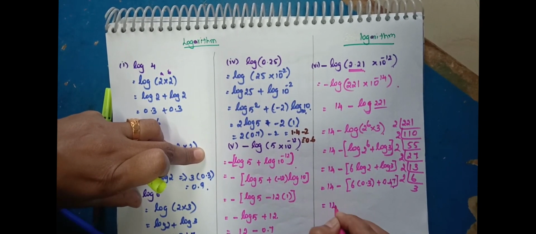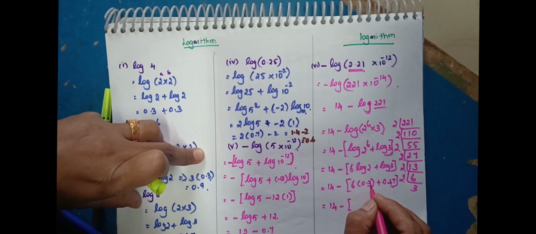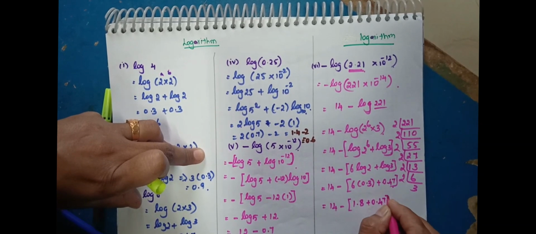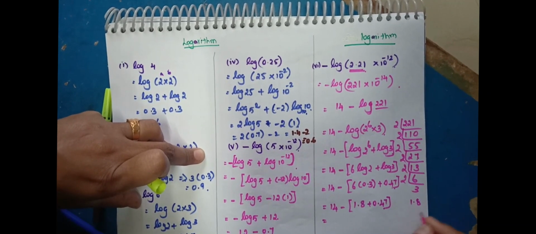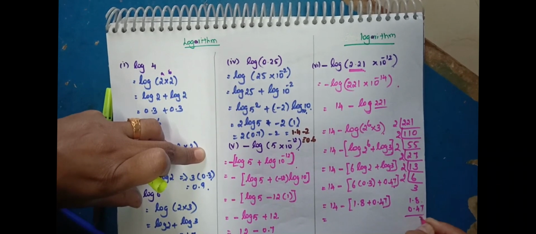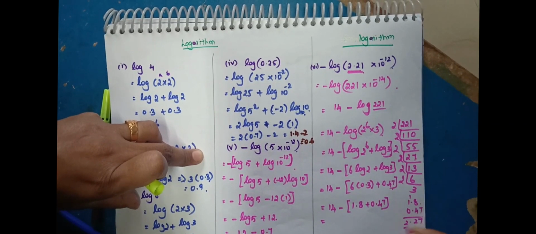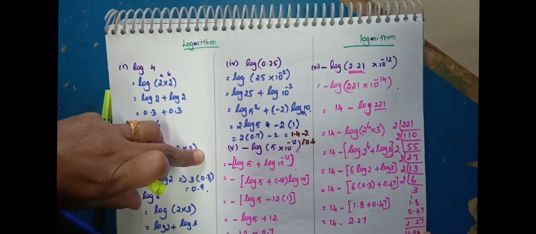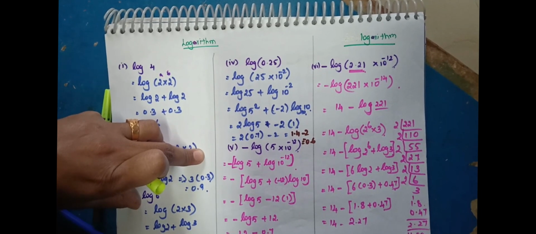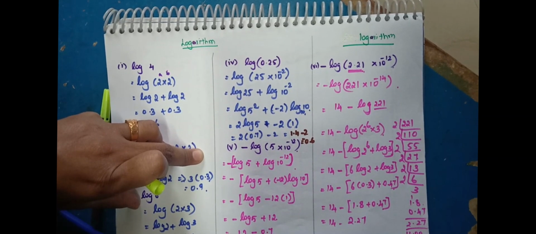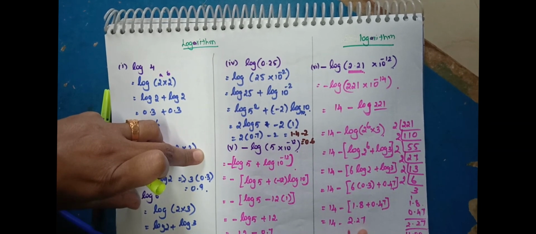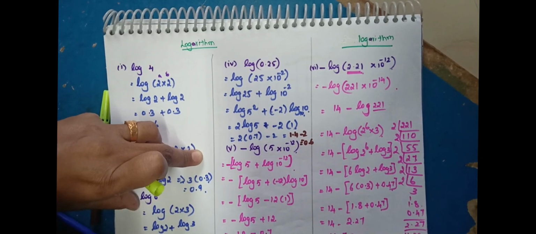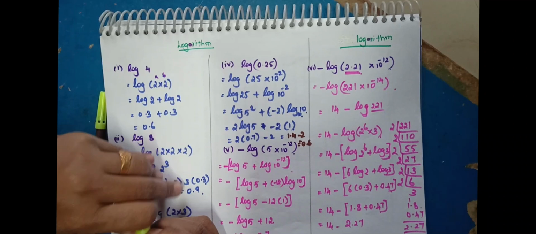Now 14 minus 6 into 0.3 is 1.8, plus 0.47. So 1.8 plus 0.47 is 2.27. 14 minus 2.27 will give you 11.73. So 11.73 is the answer.